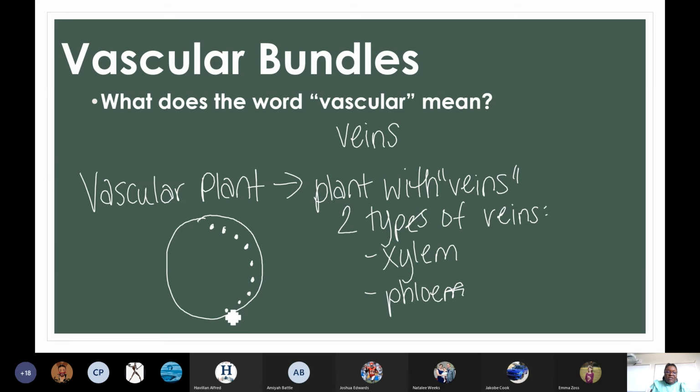A vascular plant has very organized little veins. They go all in a nice little neat circle. So if I were to cut a plant and I didn't know if it was vascular or non-vascular, I'm going to look when I cut it, just like this, if this pen was a plant, and I look at the veins in that stem, we should see neat, organized vascular veins or bundles.